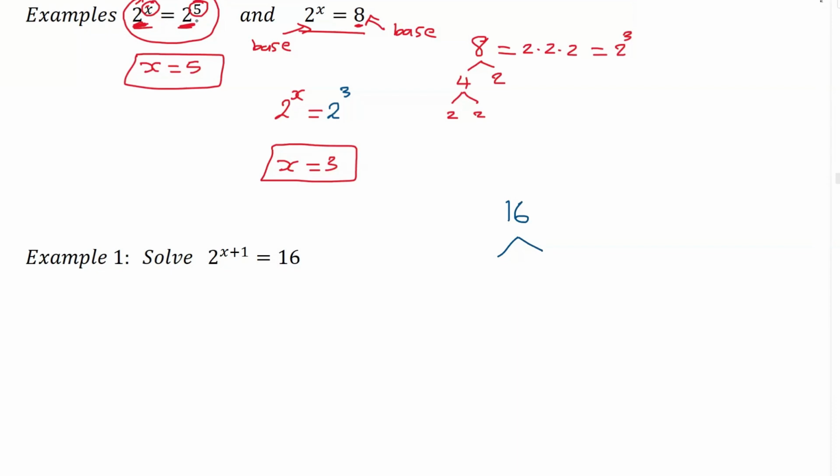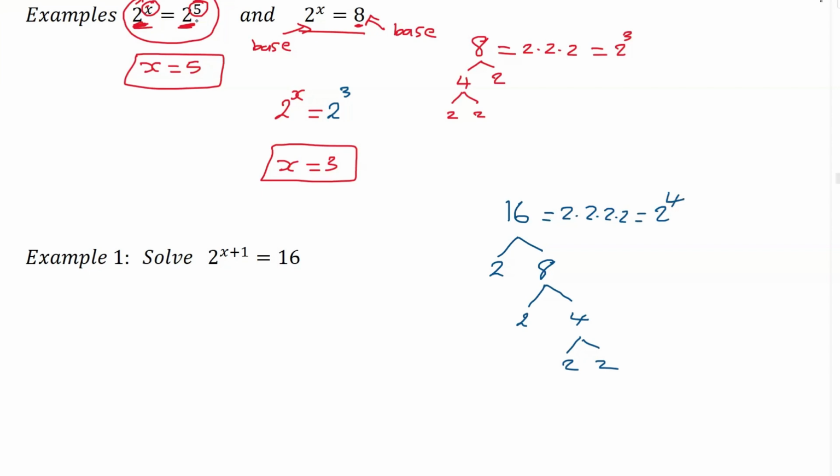For example, 2 times 8 is 16. Well, 2 is a prime number, so you cannot break 2 down any further. But 8 is a composite number, so there are two numbers that multiply to give you 8, in this case 2 and 4. And 4 becomes 2 and 2. So 16 is 2 times itself 4 times, which you can write as 2 to the 4th power.